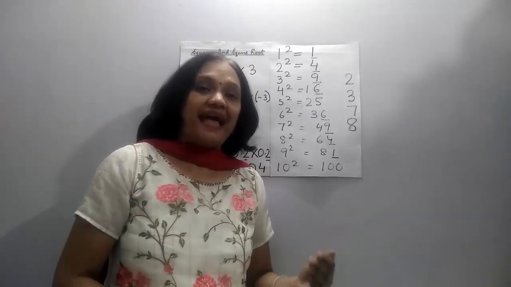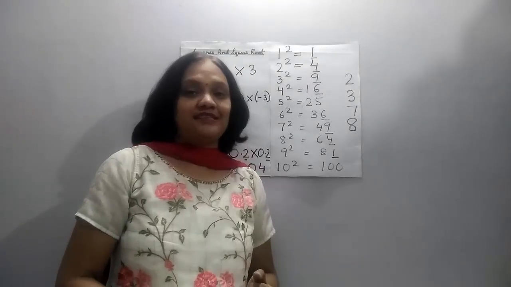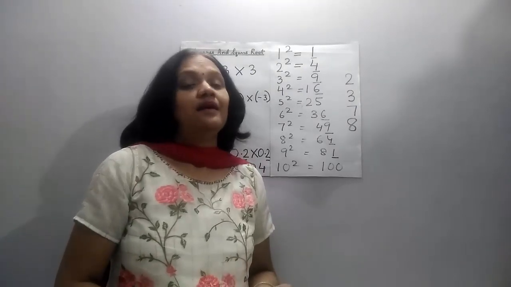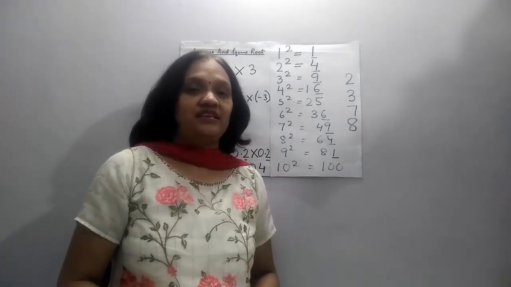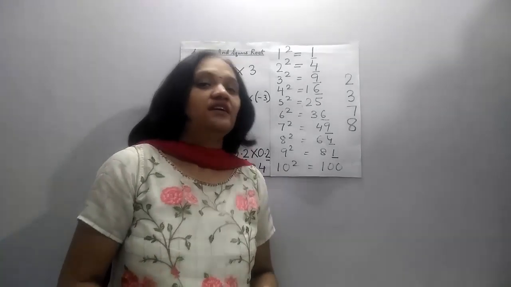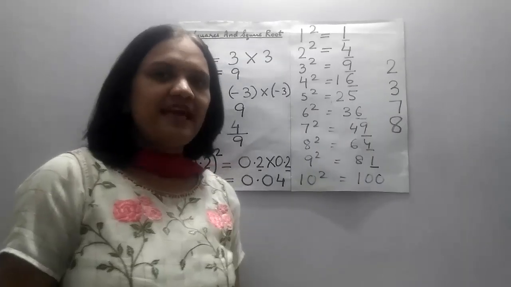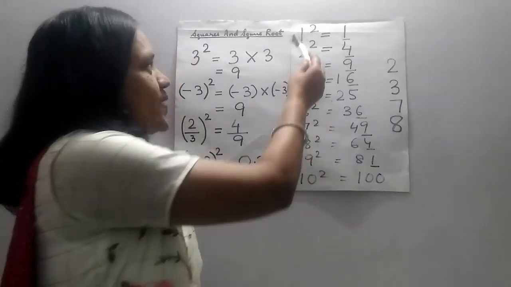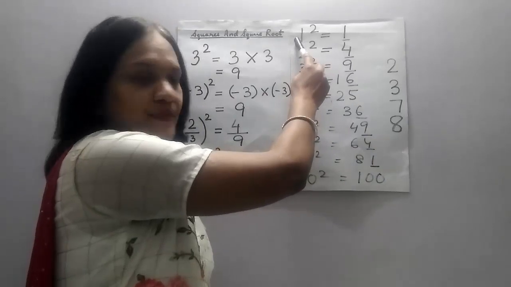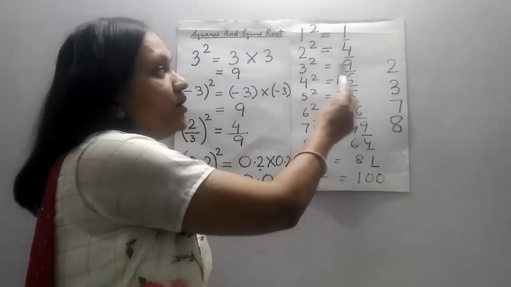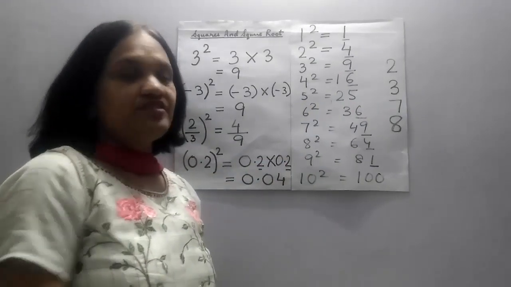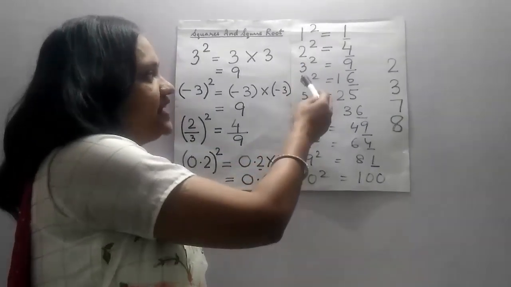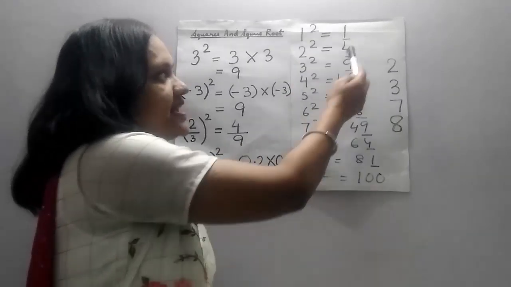Numbers which end with an even digit are even, and numbers which end with an odd digit have an odd square. We can see that squares of odd numbers are odd, whereas squares of even numbers like 2, 4, 6 are even.